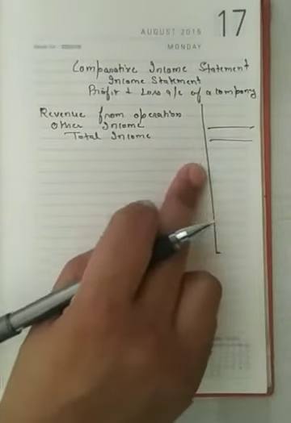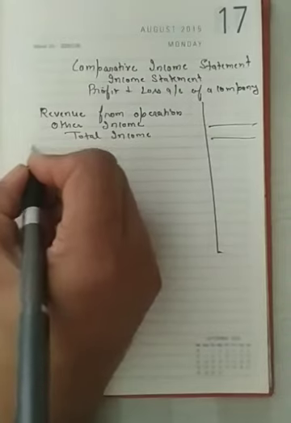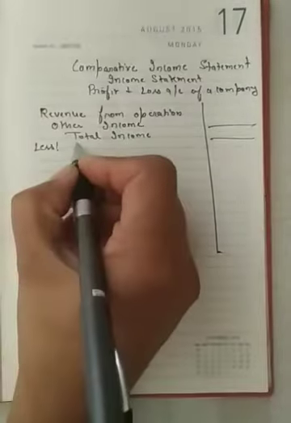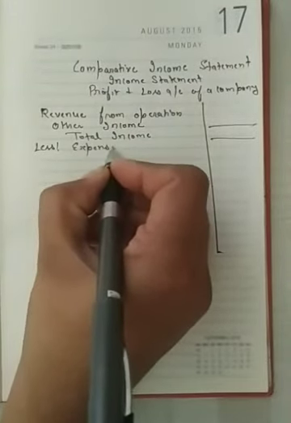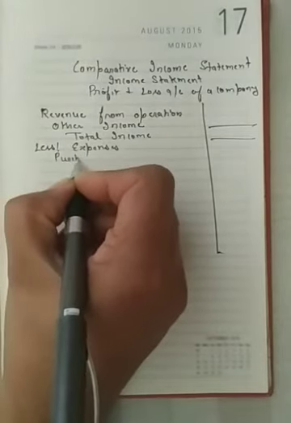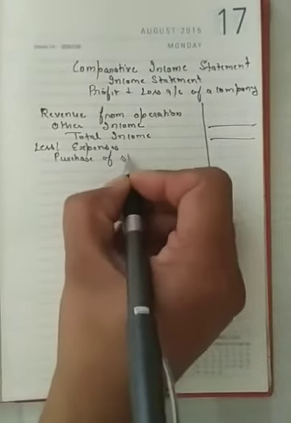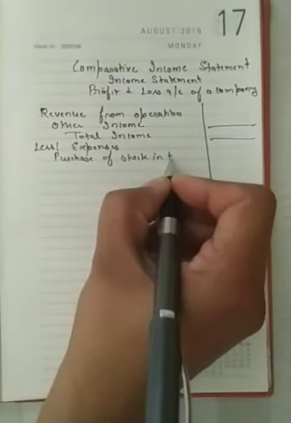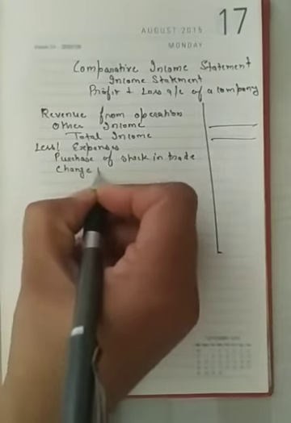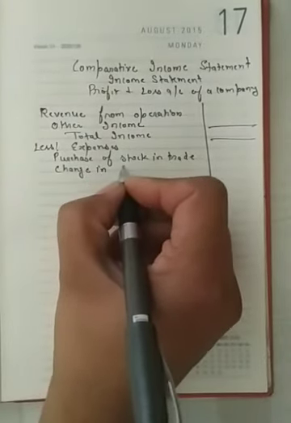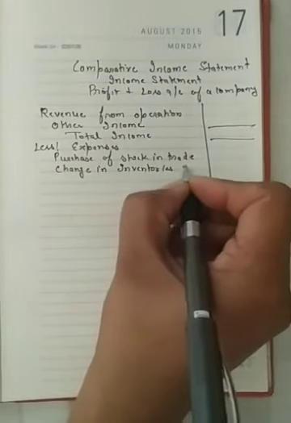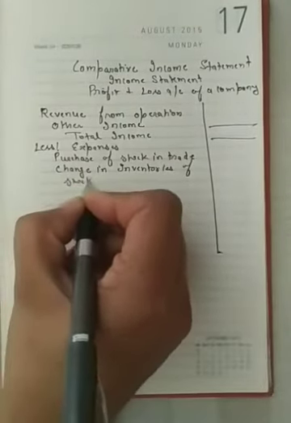Now we will less the expenses. Which type of expenses? Like purchase of stock in trade, changes in inventory of stock in trade.